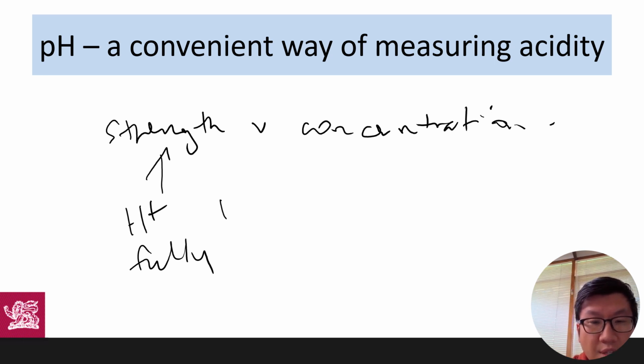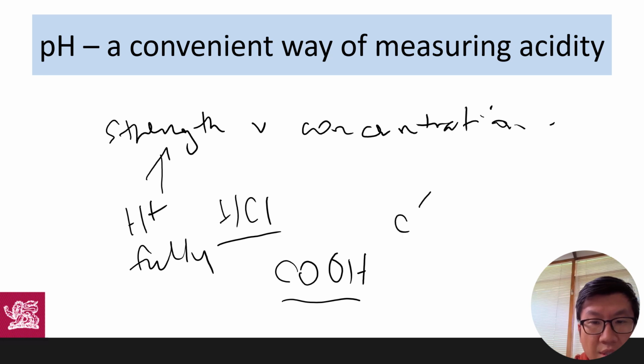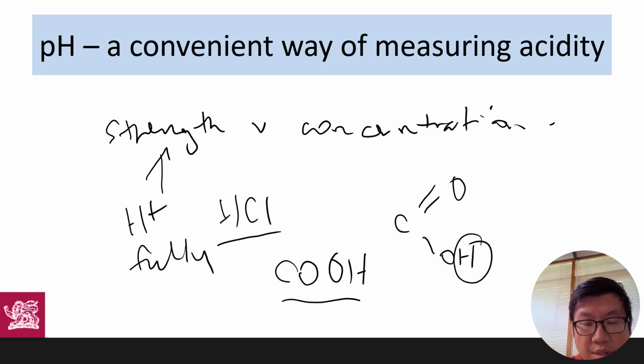So a strong acid, just like hydrochloric acid, will fully dissociate, whereas acids that come from carboxylic acids, chemicals that have this COOH structure, these protons, these hydrogen ions, will partially dissociate, typically at a 1:100 ratio.